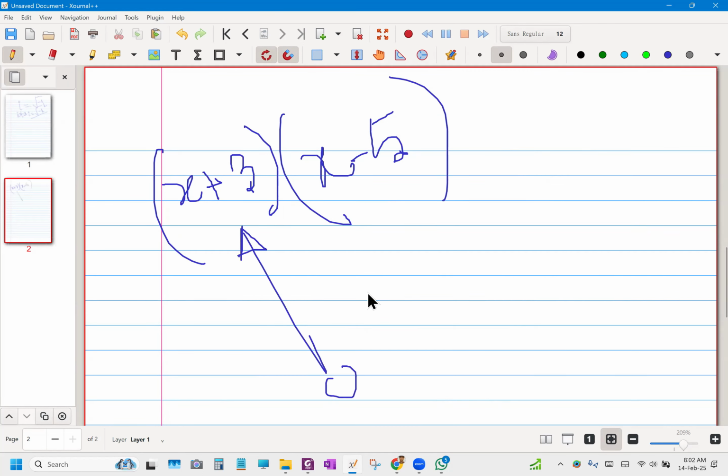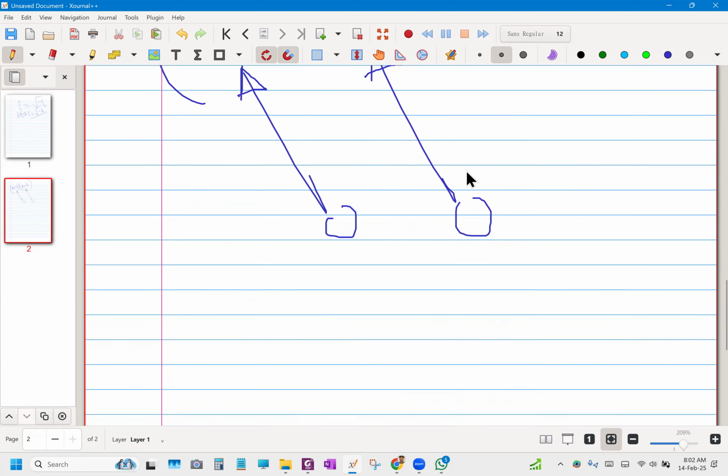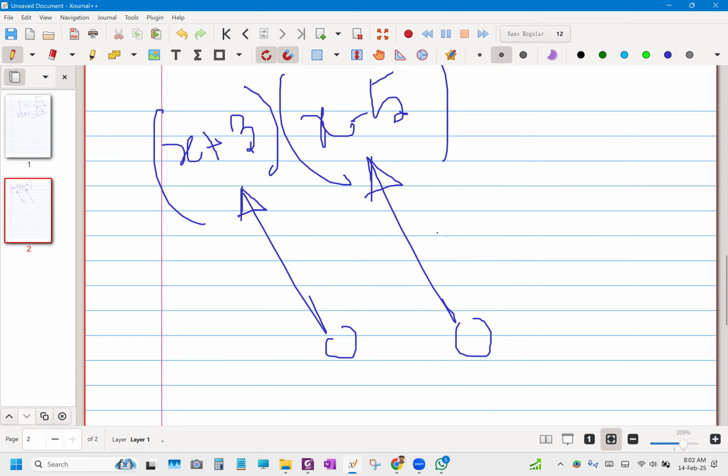Make this equal to 0, and you also make this equal to 0, which means that x plus 3 equals 0, so x equals negative 3, right?